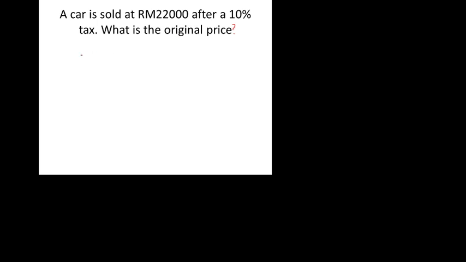So previously the original price, which is X, times the new percent after tax. What's the new percent? 100 plus 10 tax, so we have a plus. 100 plus 10 equals 110 over 100, equals 22000.